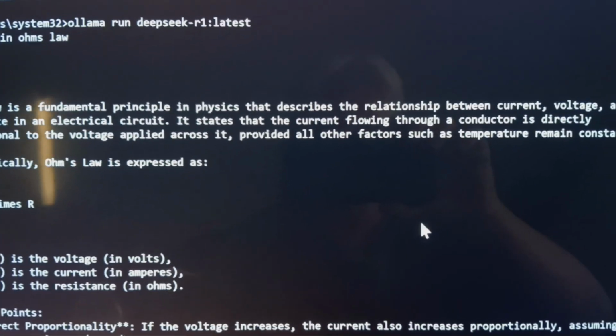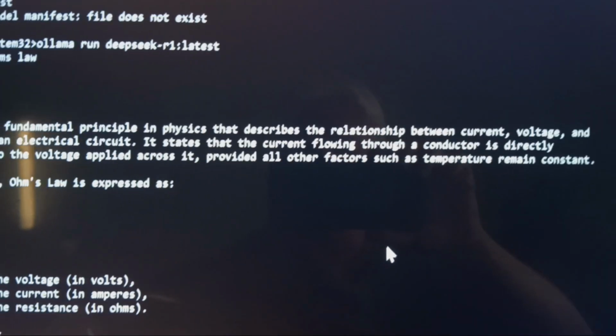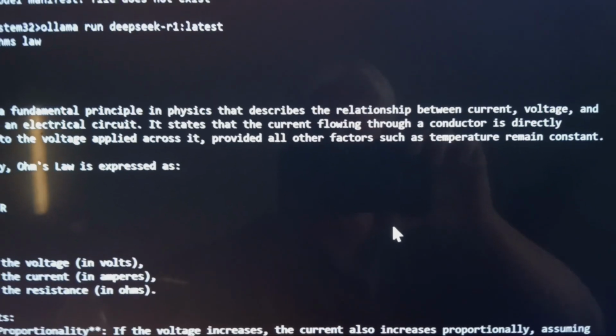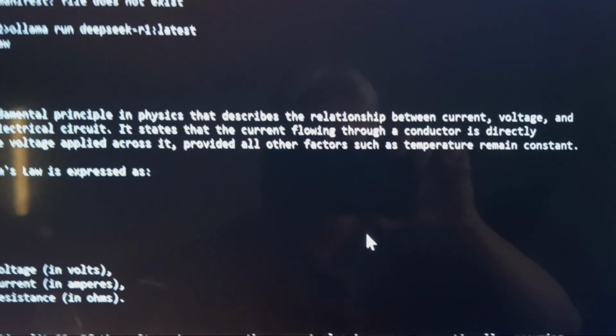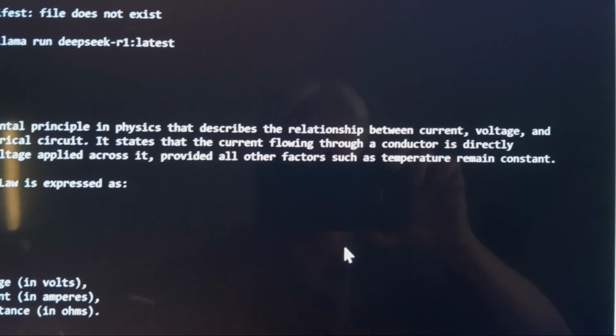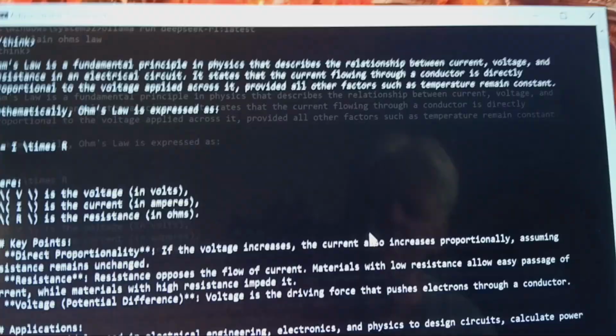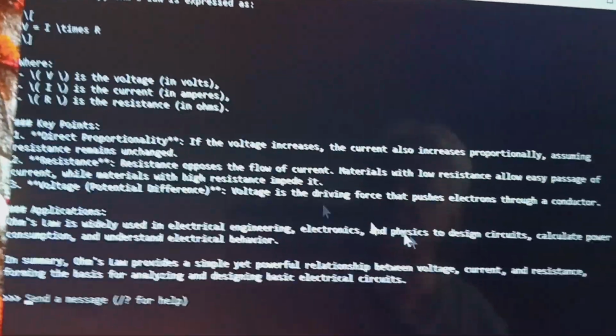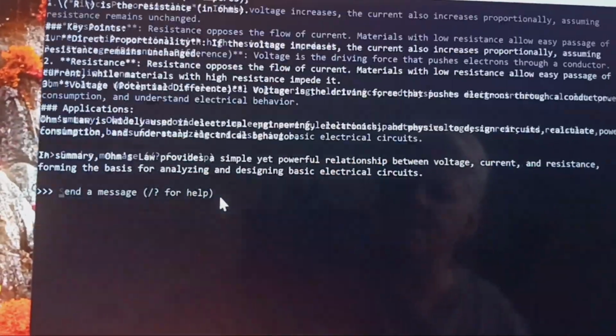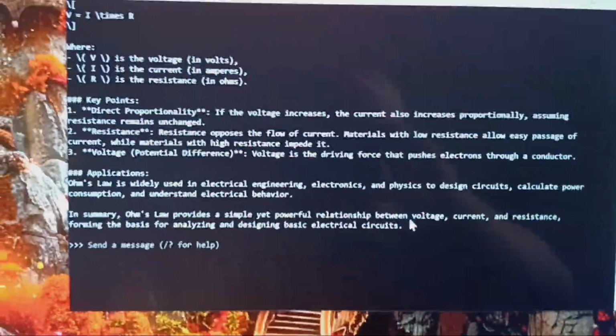It states that the current flowing through a conductor is directly proportional to the voltage applied across it, providing all other factors such as temperature remain constant. Very good definition. Then it has key points and the application and the summary. So there you have it, DeepSeek running on this old boat anchor.